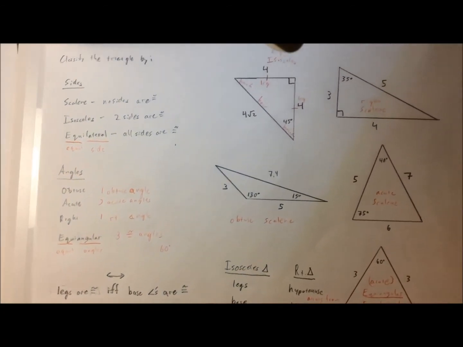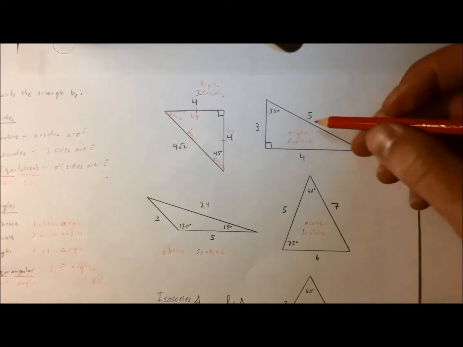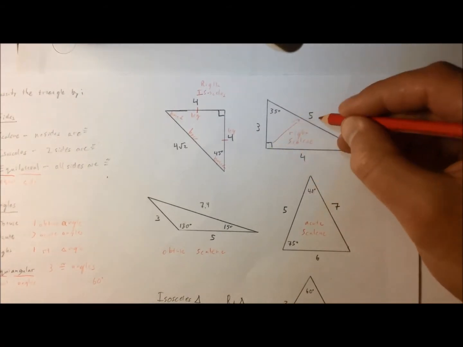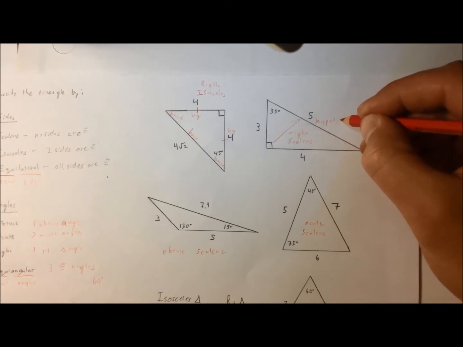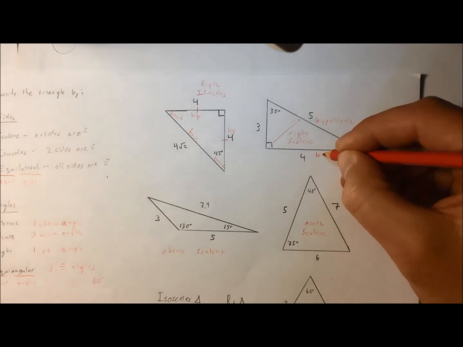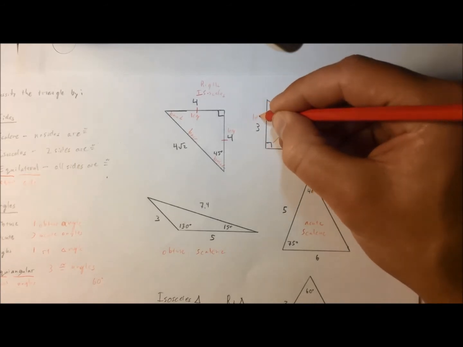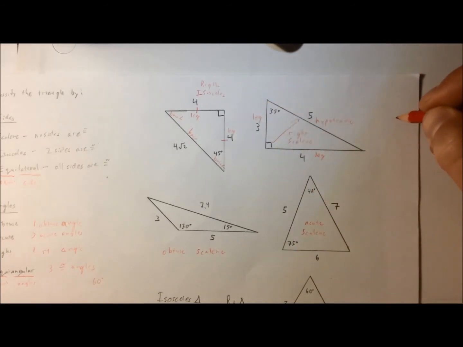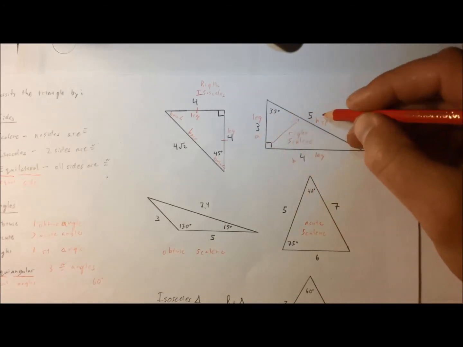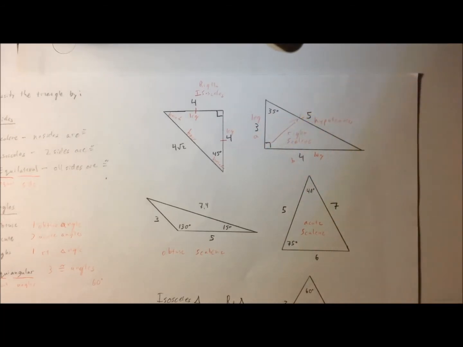It's the longest side. So if you look up here, here's the right angle. This is the side opposite. So this is the hypotenuse. That would mean this is a leg and this is a leg. If we think about it in terms of the Pythagorean theorem, A and B are both legs and C is always the hypotenuse.